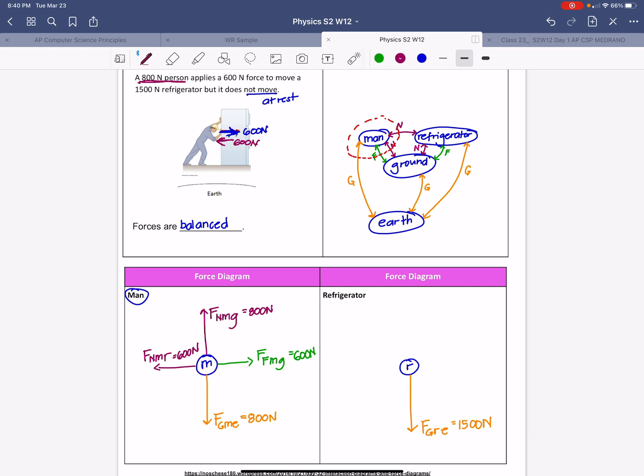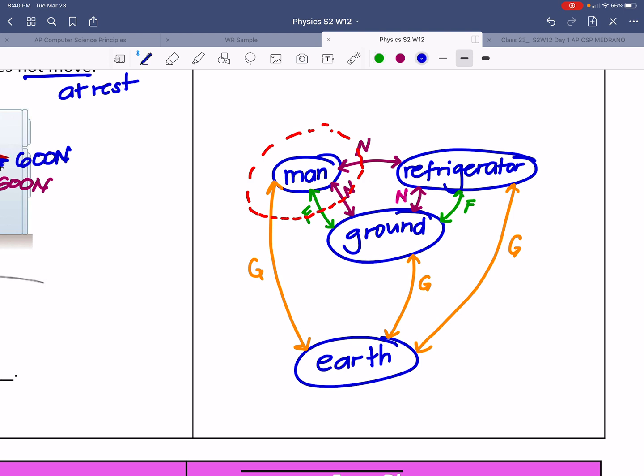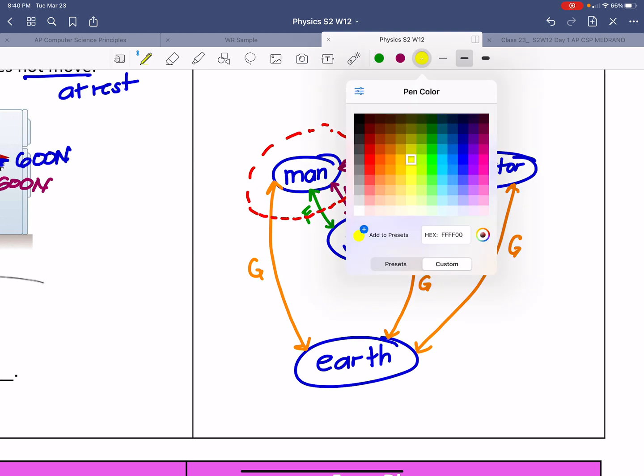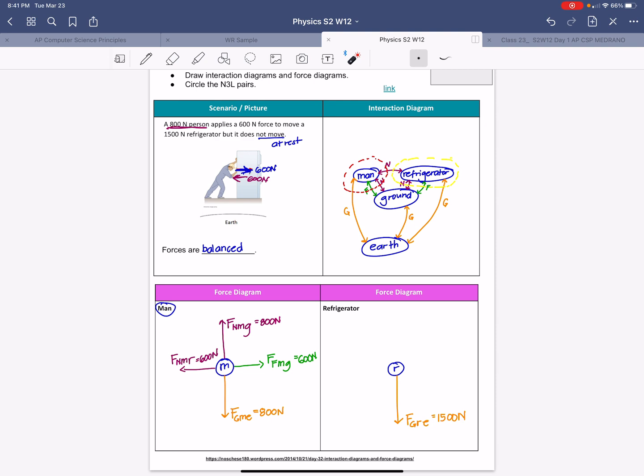All right, so now going back to the refrigerator, the refrigerator has also 4 interactions, right? So we see one with a man, one with the ground, a friction with the ground, and then the gravitation, the force of gravity.